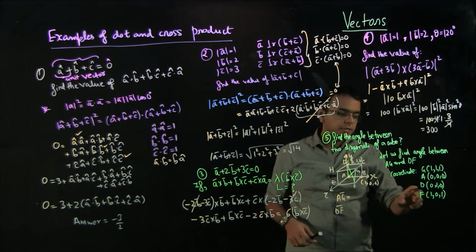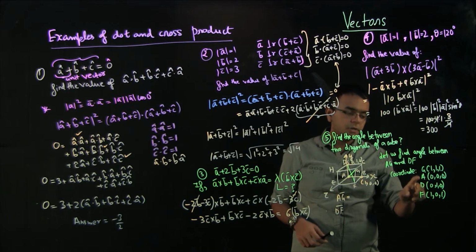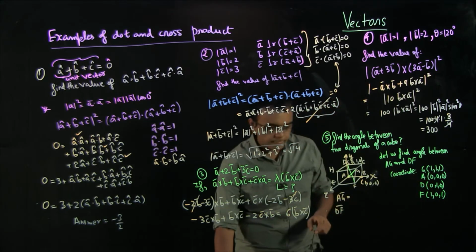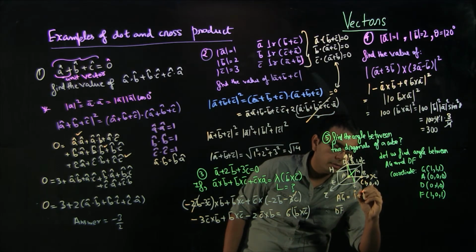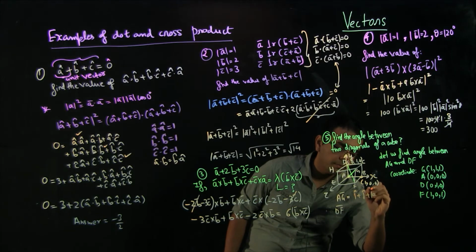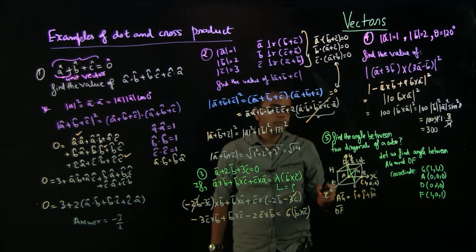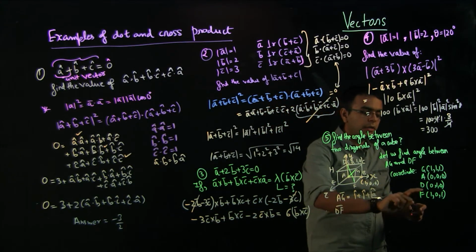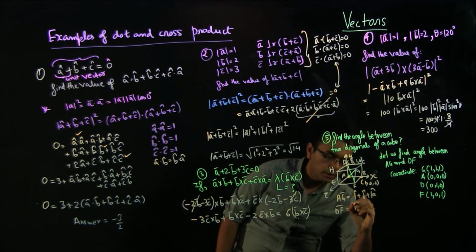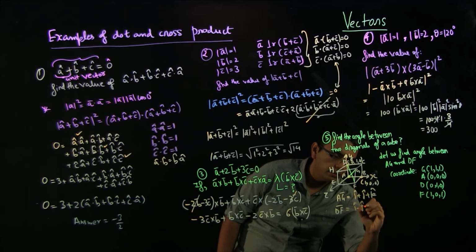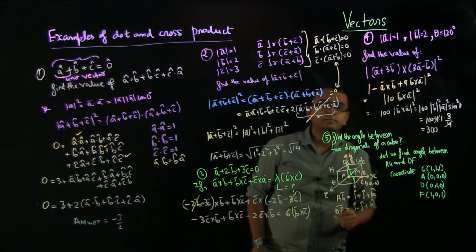So AG becomes i cap plus j cap plus k cap, and the position vector of F minus the position vector of D gives i cap minus j cap plus k cap.